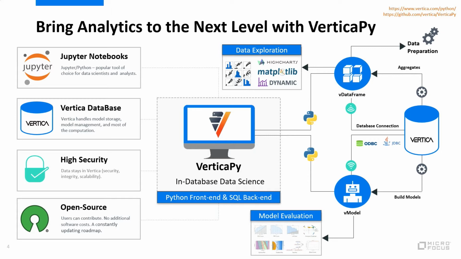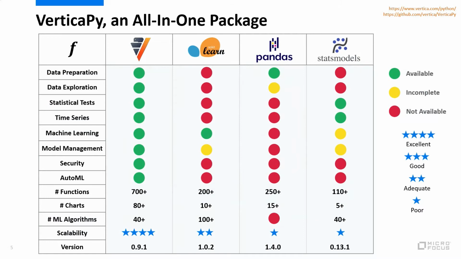It's very important to understand that VerticaPy is a layer at the top of Vertica, and it's not like another Python module that is loading in memory. It's really pushing back all the aggregation to Vertica. And it provides many functions to follow the entire data science lifecycle.